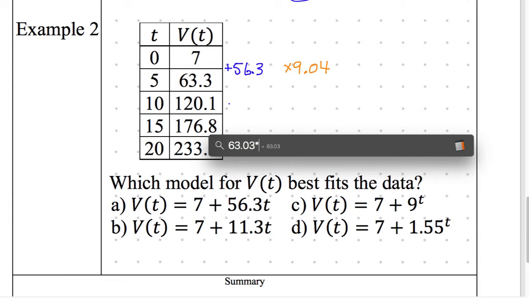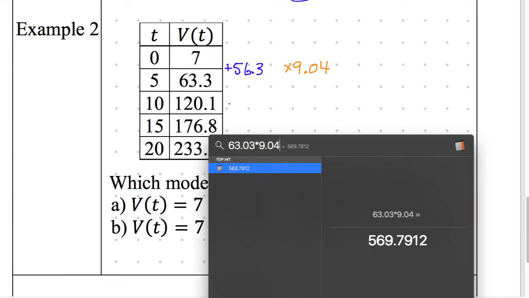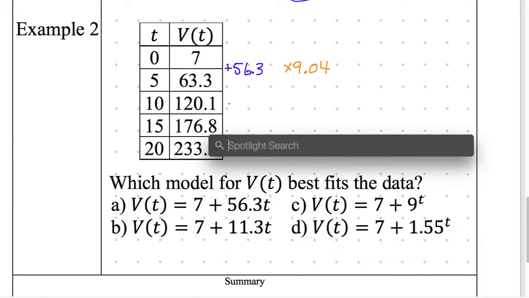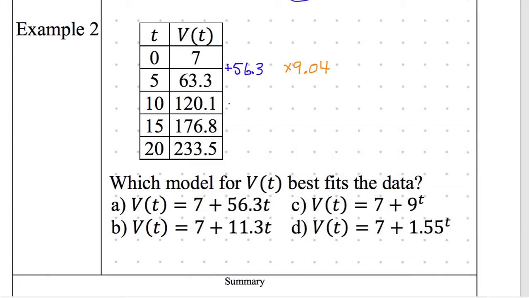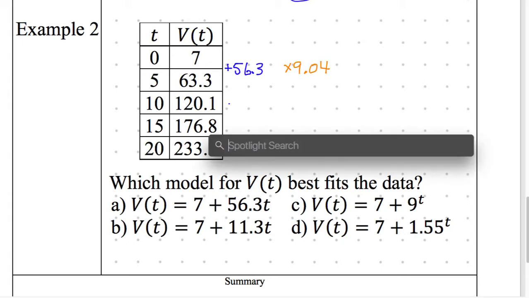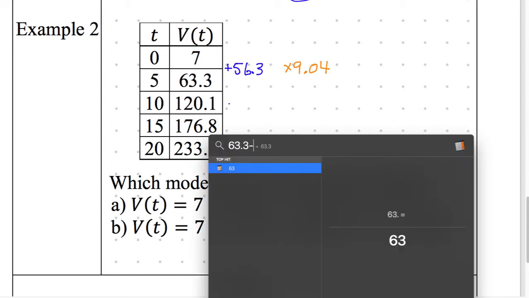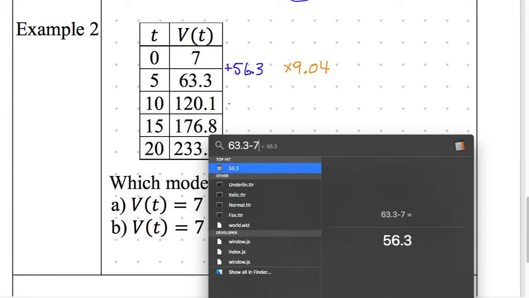Why is it 0.03 and not 0.3? Oh, I said 63.0. Yeah, that was my bad.